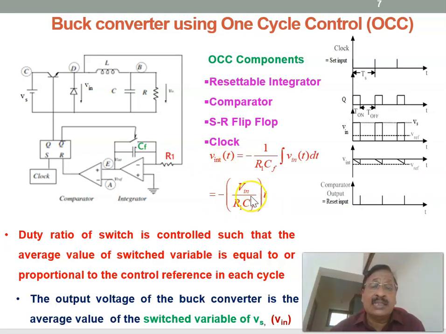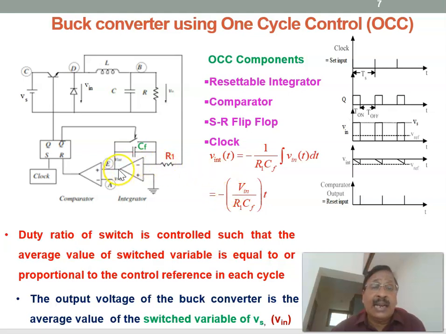Therefore, the equation is a straight line equation, y equal to mt, with a constant slope V in divided by R1 CF, of course with a negative slope.